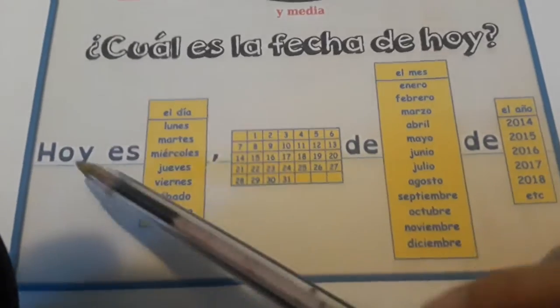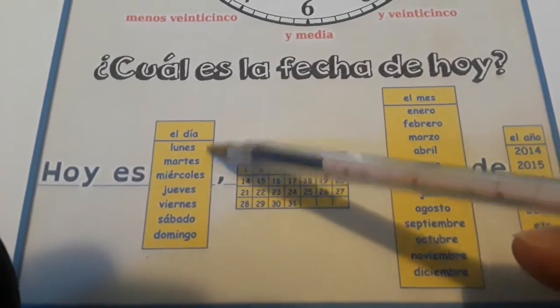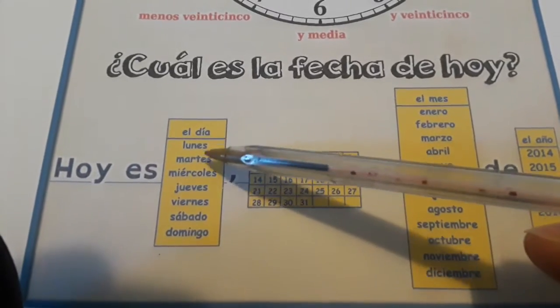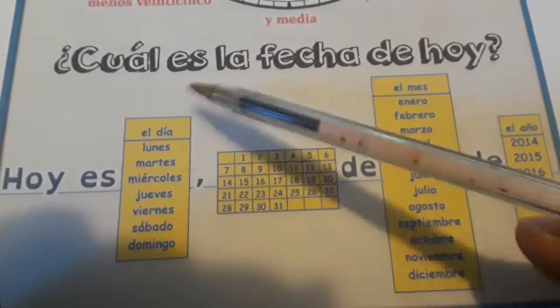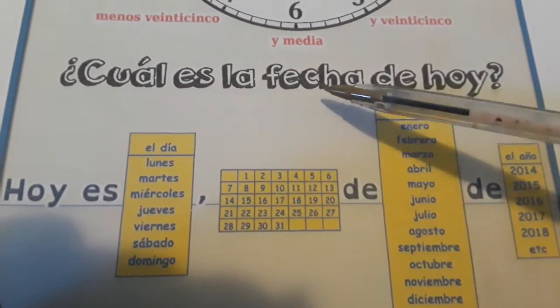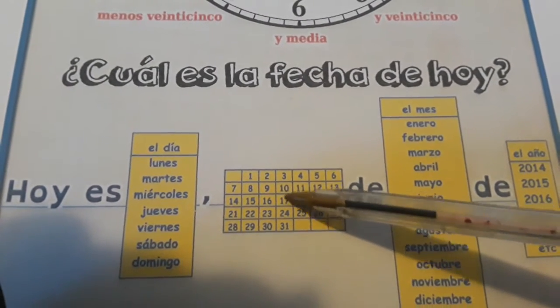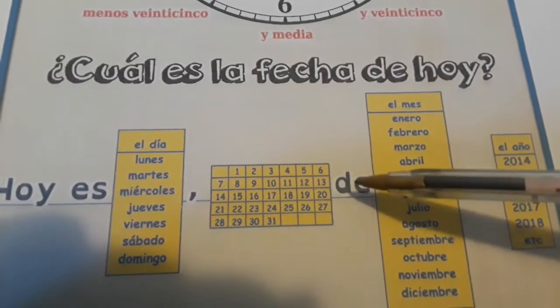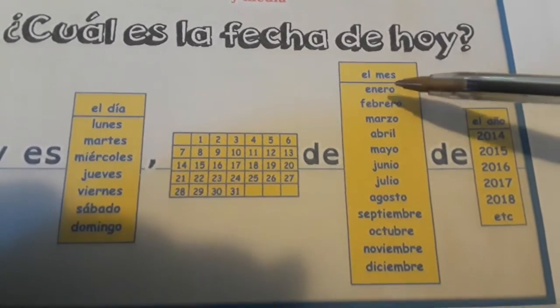That's what they're asking. Hoy es, that means today is el día, and we were talking about this past week, lunes, martes, miércoles, jueves, viernes, sábado, domingo. So what's today's date? Today happens to be miércoles. Y hoy el día es 17 de, el mes means the month.